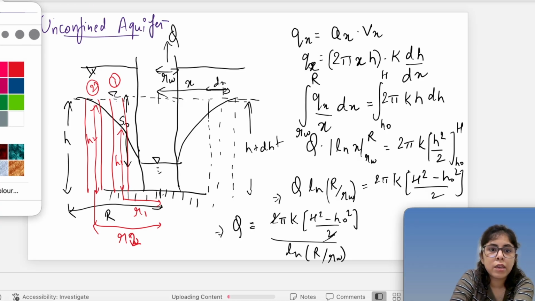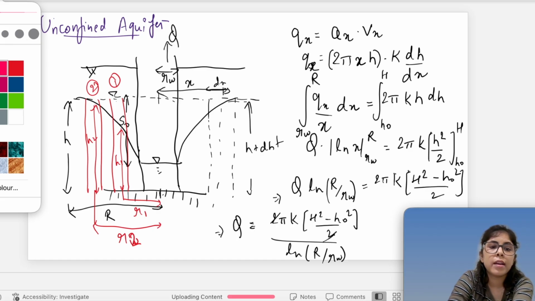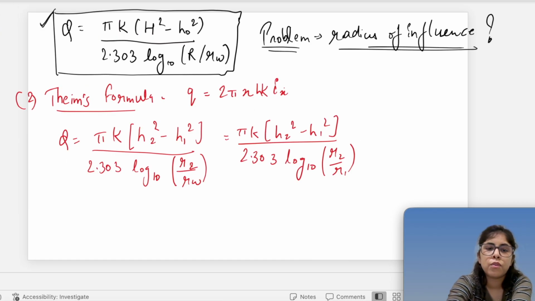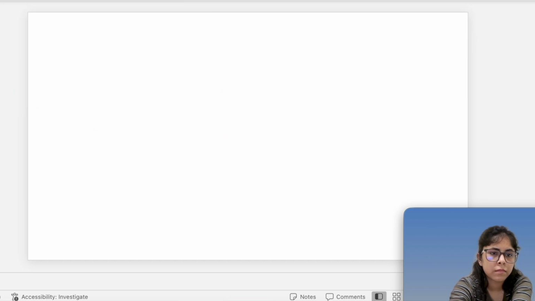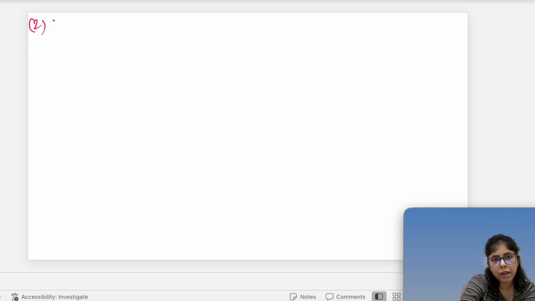But if I have confined aquifer, then what will I do? Next is for confined aquifer.